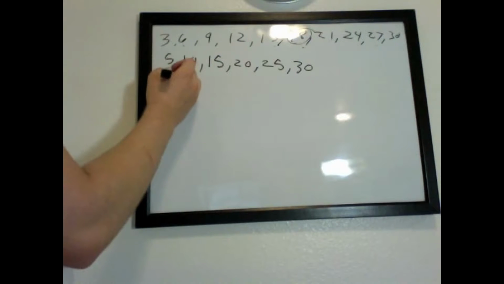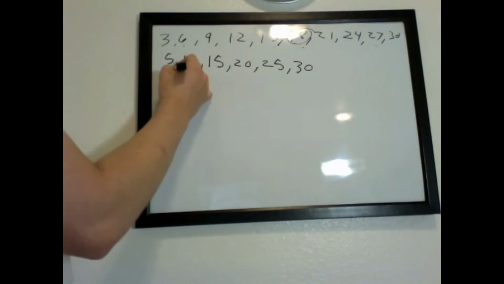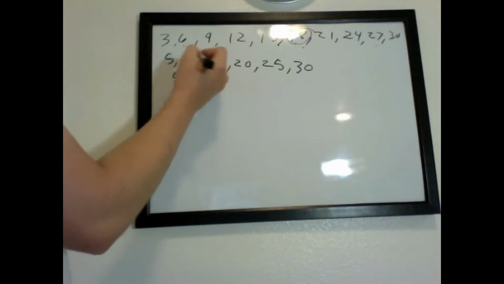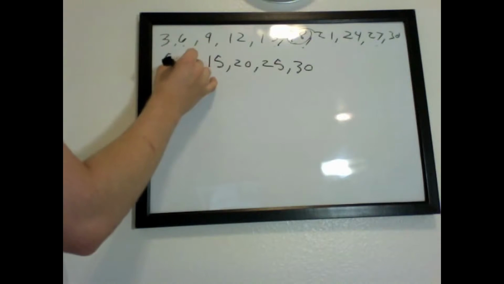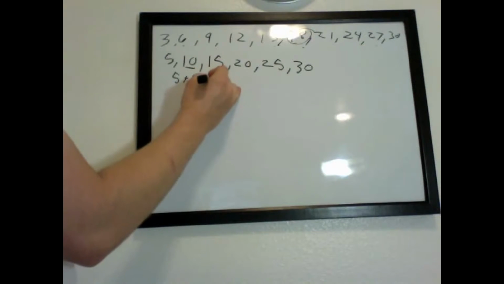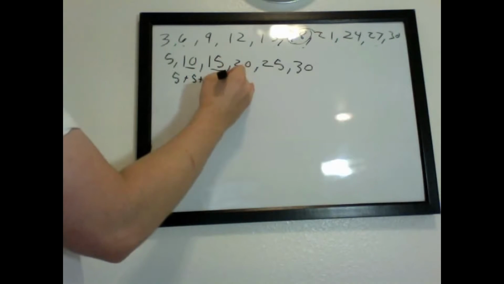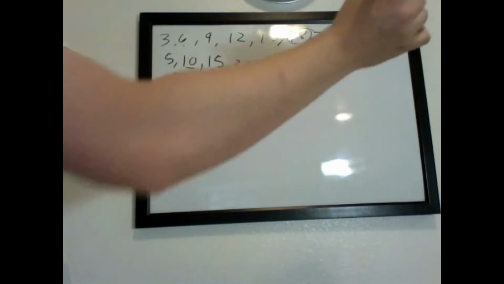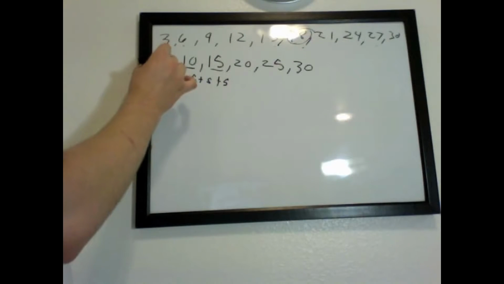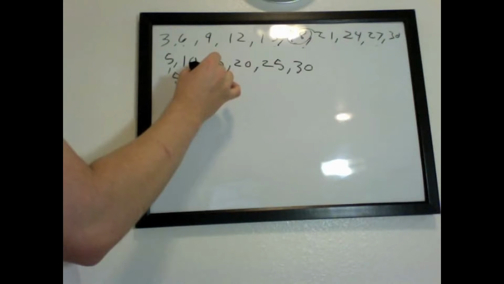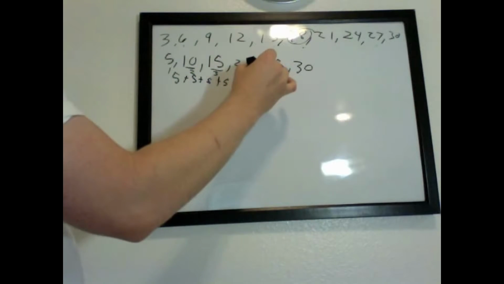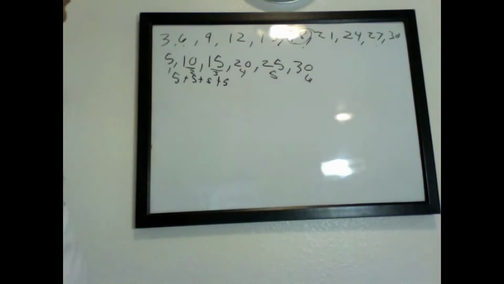Now, 5 plus 5, that's 10. If you add another 5, 5 plus 5 plus 5 is 15. 5 plus 5 plus 5 plus 5 is 20. So on and so forth. This is 1, 2, 3, 4, 5, 6.